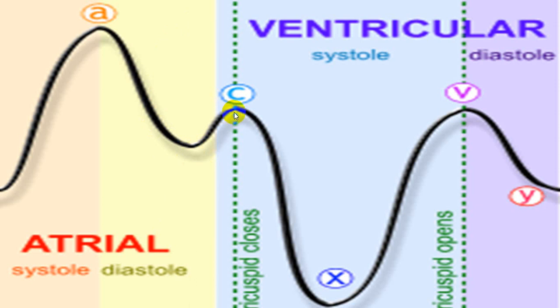At that stage, the semilunar valves, that is the aortic valve and pulmonary valve, will open. So that is the stage where this wave will be created, during ventricular systole. And this is a slight uplift.